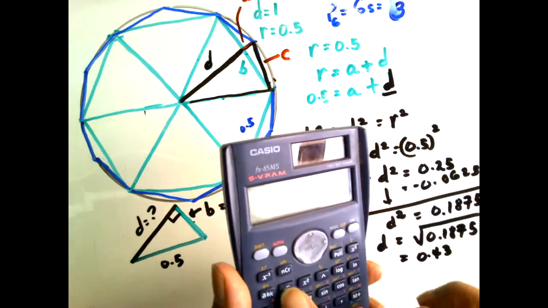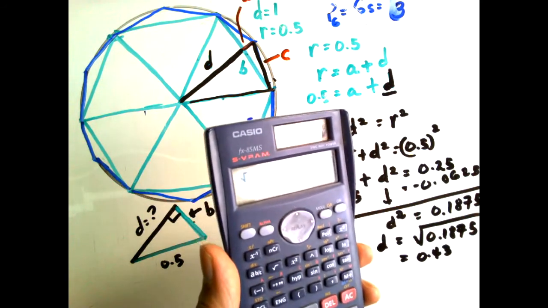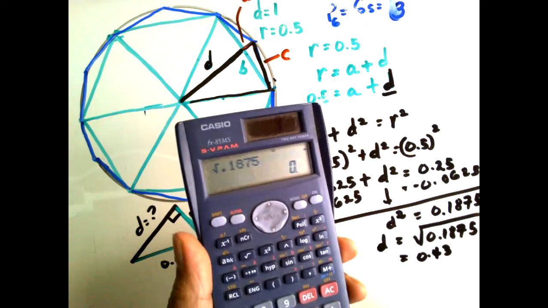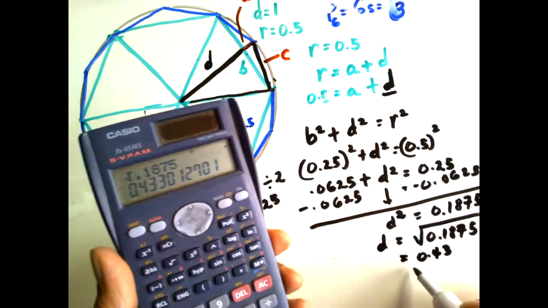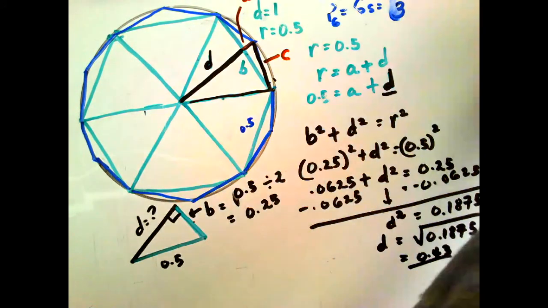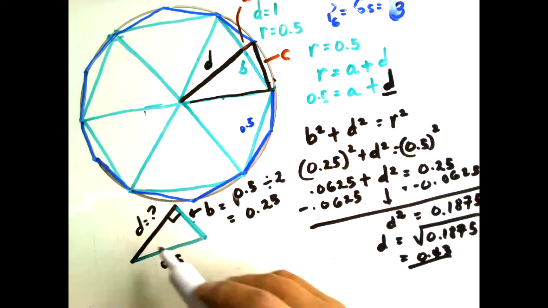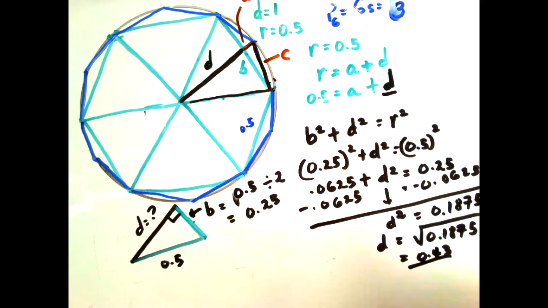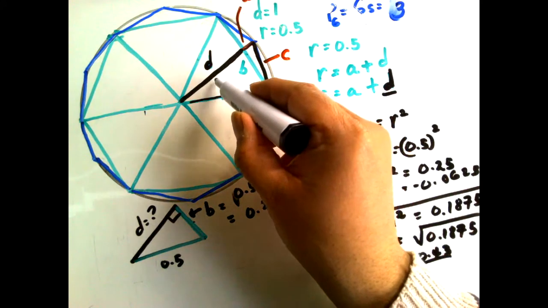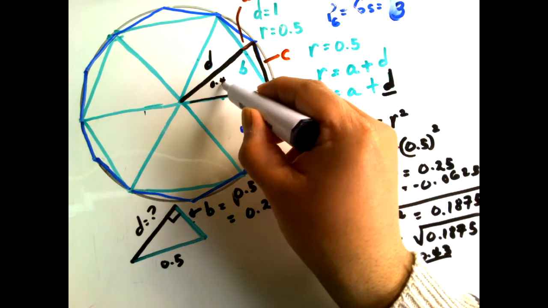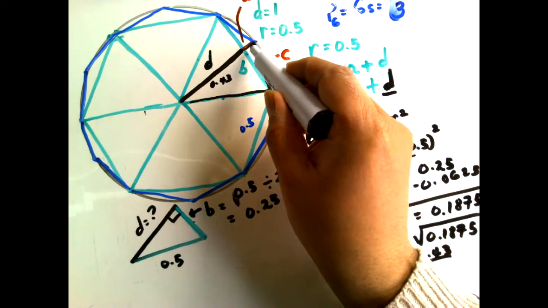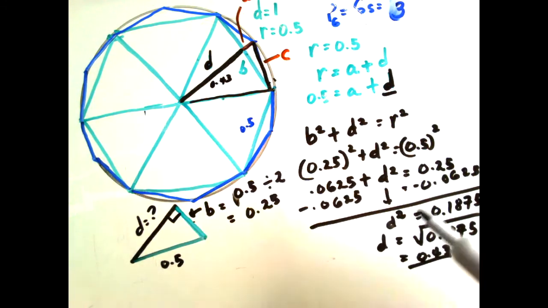Let me just check this again, because sometimes I do make some mistakes. Yes. So the value of D is 0.43. So here this is 0.43. And now we can calculate that red line, which is in here.